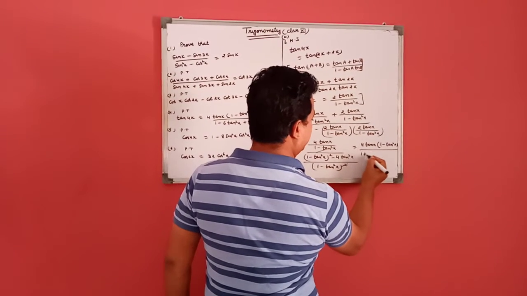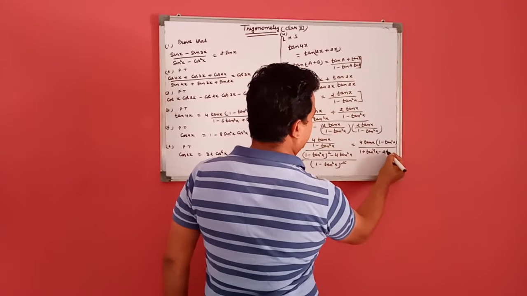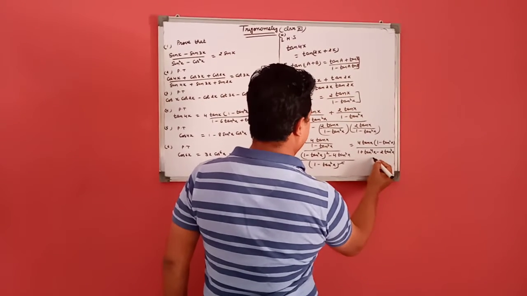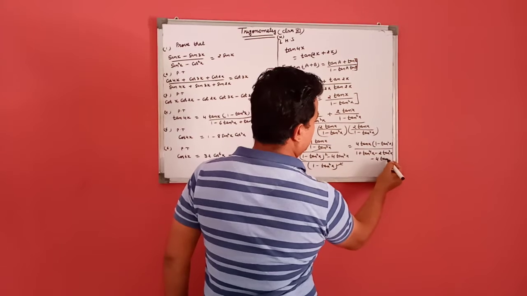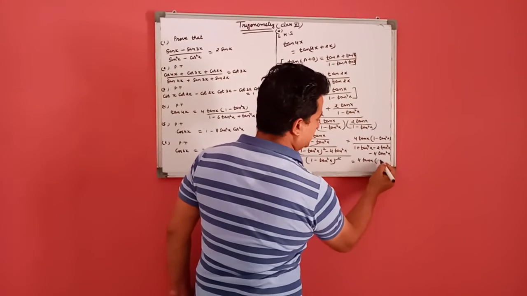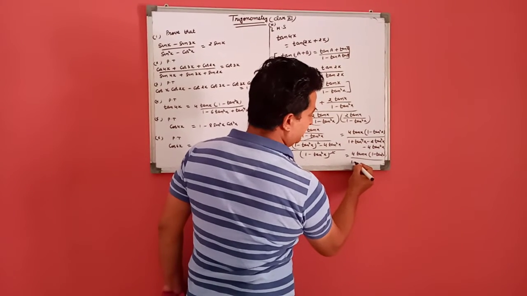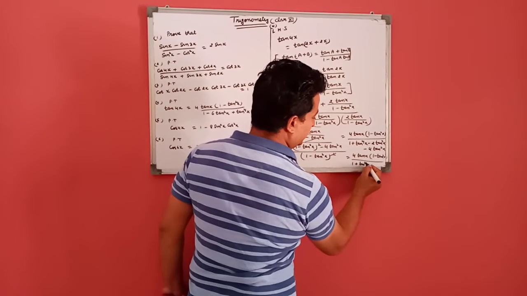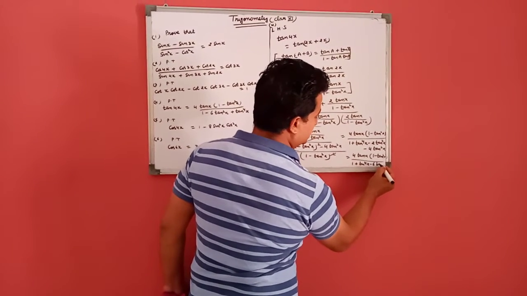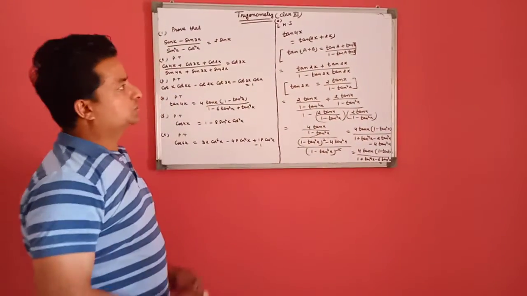In numerator, open the identity, a minus b whole square, that's a square plus b square minus 2ab. So we get 4 tan x into 1 minus tan square x divided by 1 plus tan 4x minus 6 tan square x. This is the right hand side of this question.